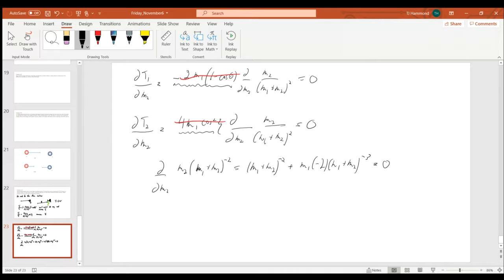And so we can multiply both these terms by (m1 plus m2) squared. And so we get 1 equals 2 m2 over (m1 plus m2), or m1 plus m2 equals 2 m2, or m2 equals m1.